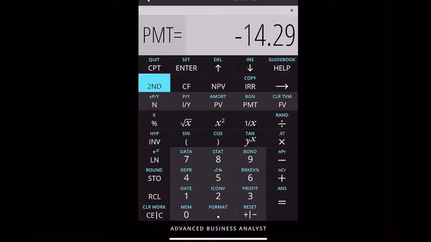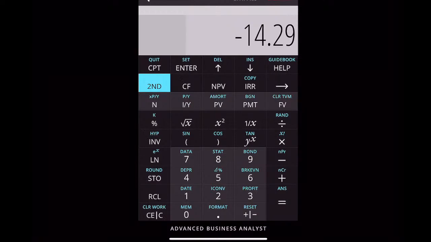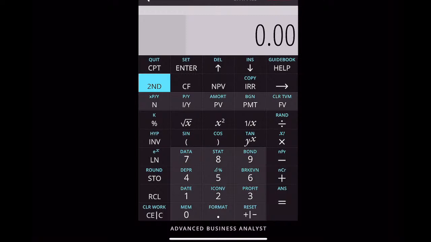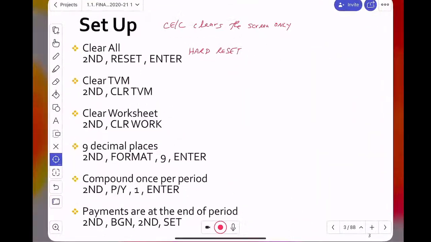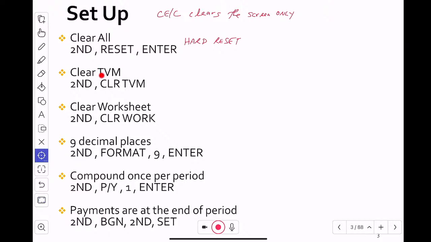Okay, so that makes no sense, right? Something's wrong. My payment is -14. That doesn't make sense. So I want to clear this and start over. So I hit second, clear TVM, and that should clear. There's nothing there right now. All right, so second TVM to clear just this row of data. So that's for the time value of money, TVM.